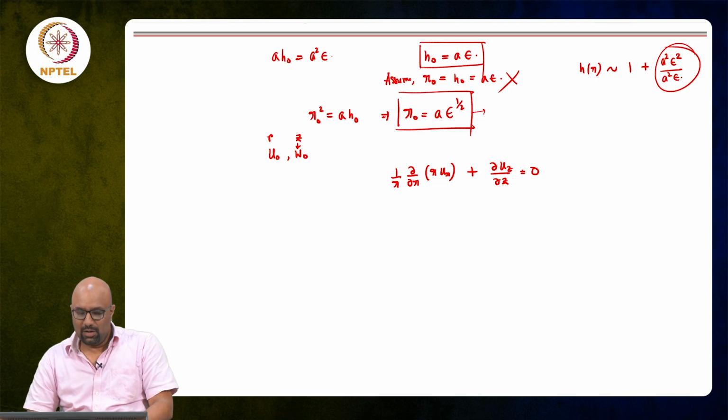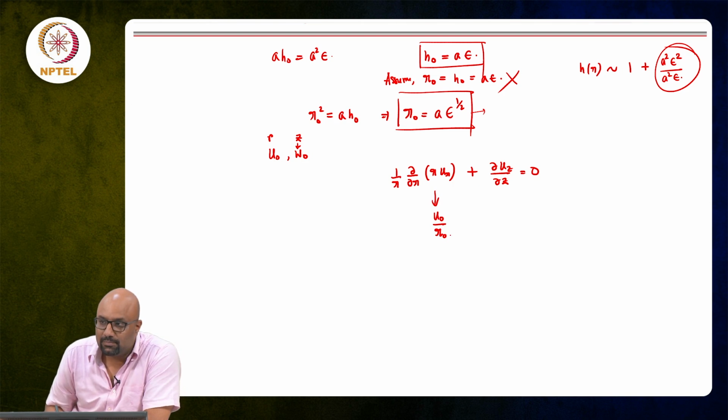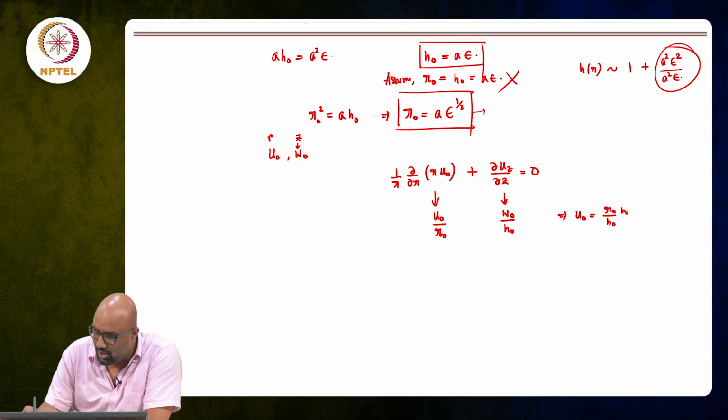In terms of scales, this is U naught by R naught, and this one is W naught by H naught, which tells me that U naught should be R naught by H naught into W naught. Now, what is R naught by H naught?